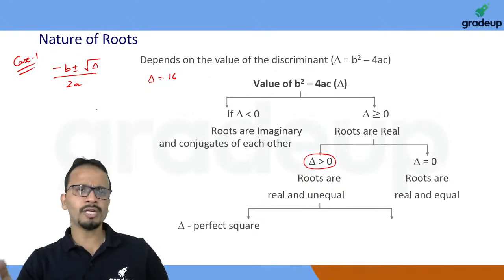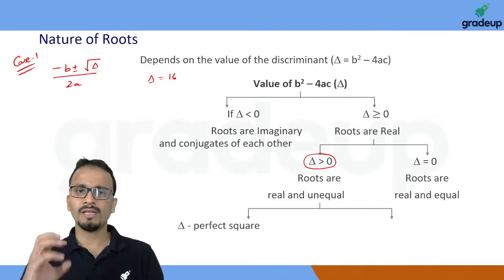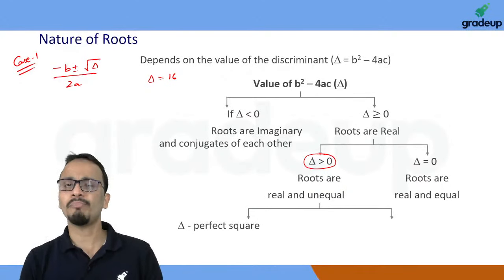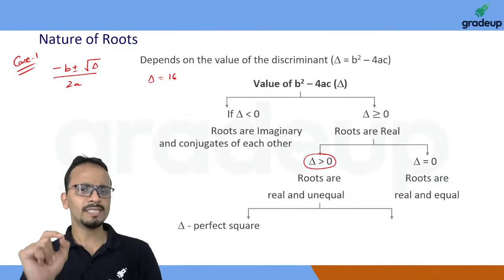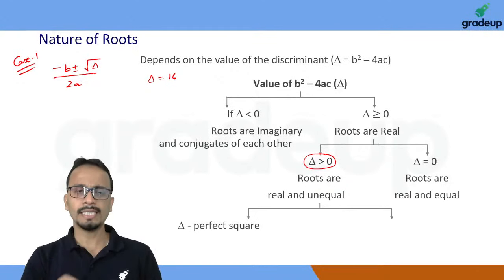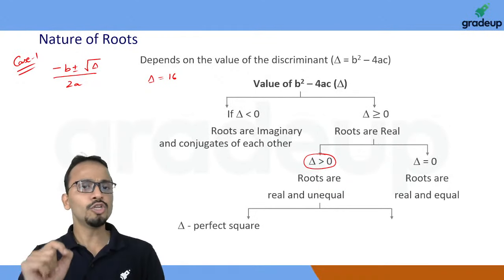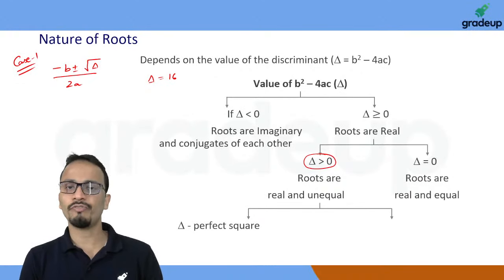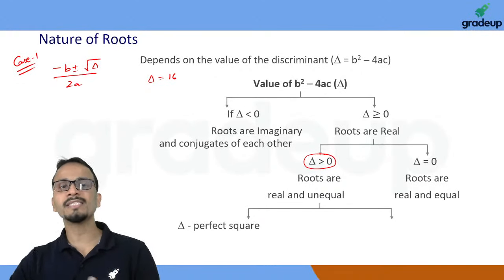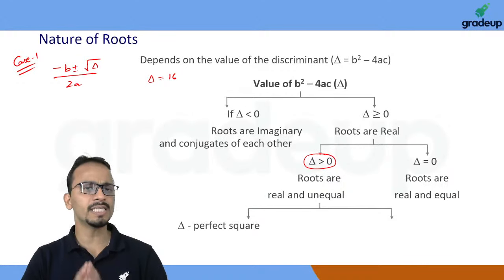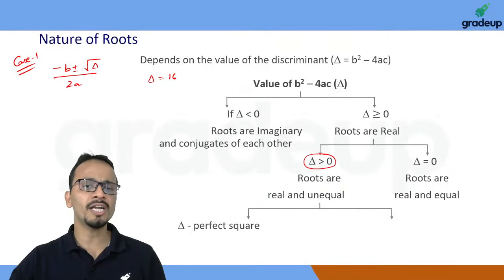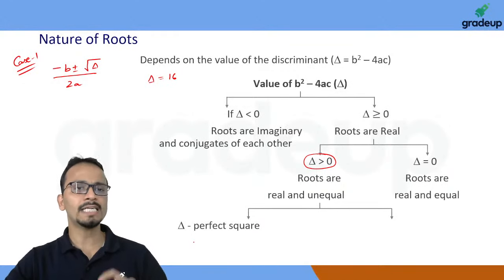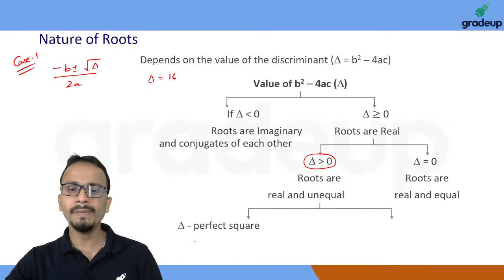The value is not important, but let's understand what is actually happening. If delta is a perfect square, then there will not be a square root sign in the value of x. The under root sign is eliminated, and hence the value will be a rational number.